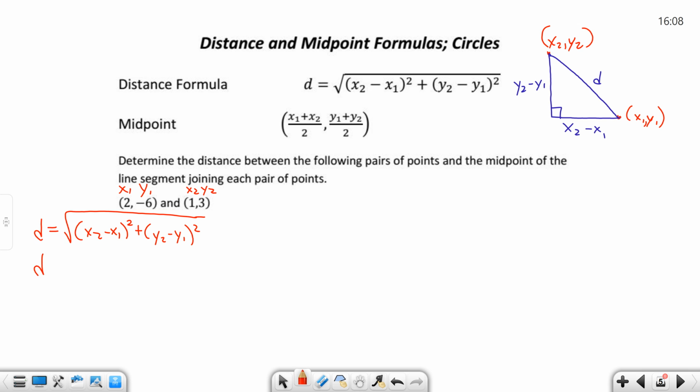So here, the distance is going to equal, now the way I have it labeled, what? x2 is what? 1 minus 2 squared plus 3, and then why is it plus 6? Minus a negative, right? And I extended that out past the radical on purpose. What happens if you leave it like that?